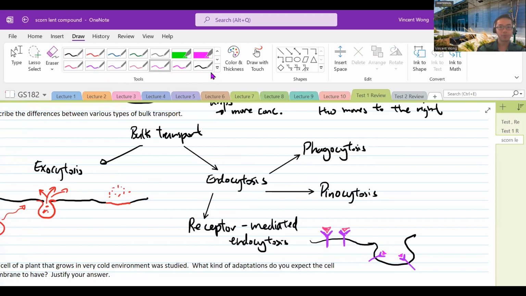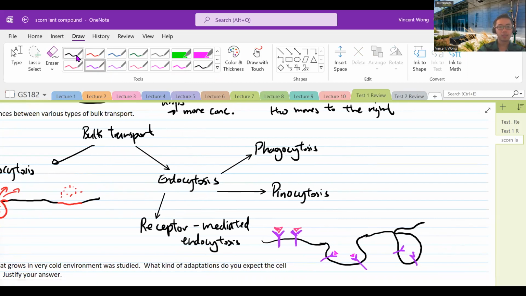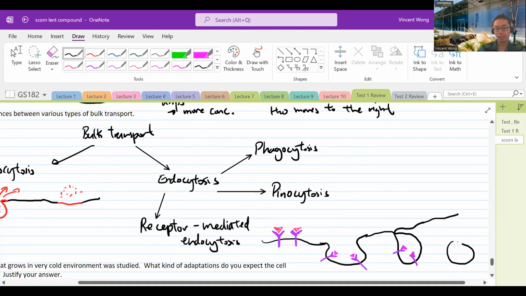And afterwards, you will completely bring those things in. These are the sequence of events that are happening, in case you're wondering what I'm drawing. And then the membrane will be sealed off, and you would have a vesicle here with the little triangle stuff that we tried to bring in.